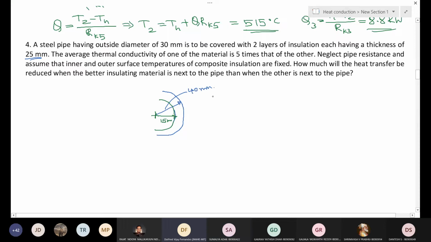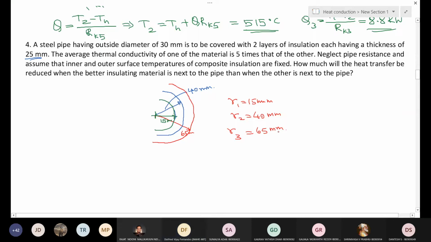40 millimeter. And if you add one more layer of another material, then this is 40 plus 25, 65. So I'll write R1 is 15 millimeter, R2 is 40 millimeter, and R3 is 65 millimeter.